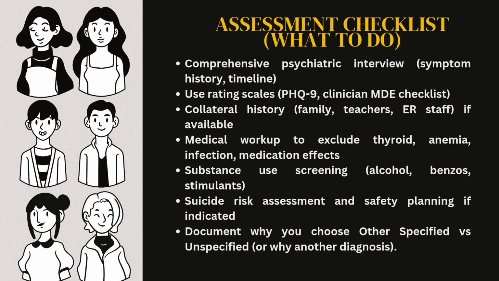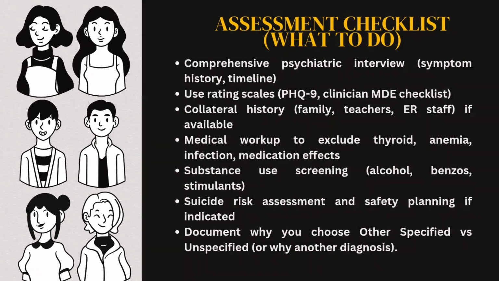They also use a medical workup to rule out conditions like thyroid problems. In addition, they do substance use screening since drugs and alcohol can mimic depression. And on top of it all, they do a suicide risk assessment, which is always a priority. At the end of the evaluation, the clinician documents whether the case is OSDD or UDD.